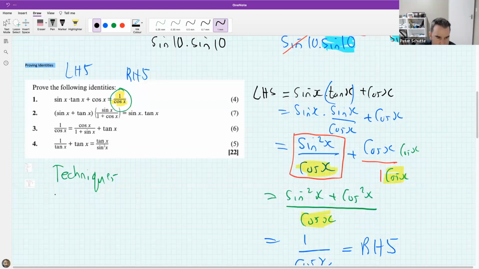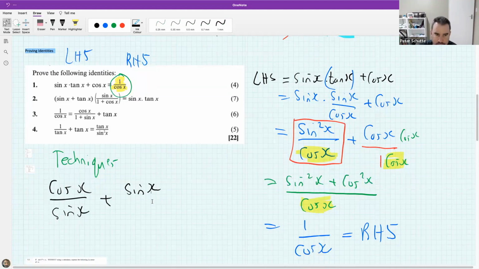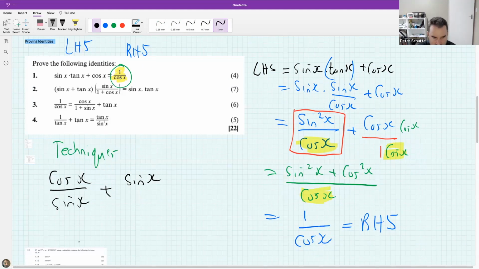So if I have something like cos x over sine x plus sine x, and you have to add them together, a very common technique is to put that over 1, and then say, I want to create a denominator that's the same, but I can't make stuff up.